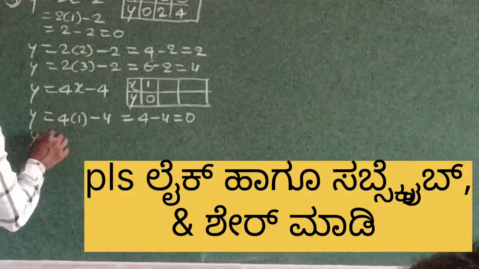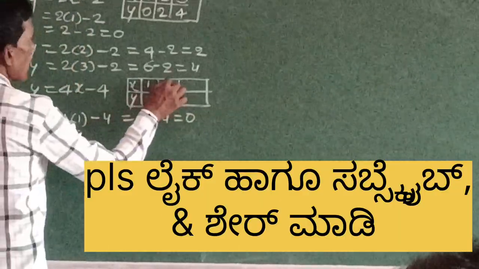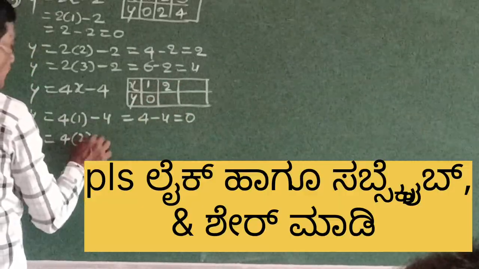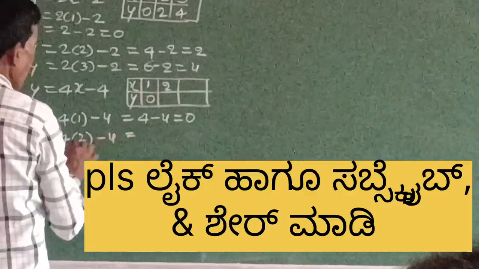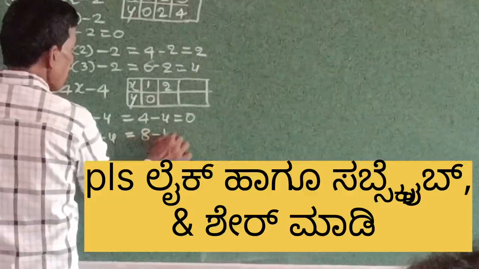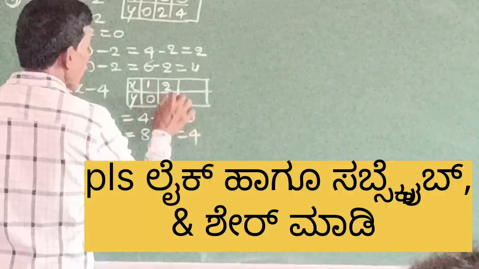Next, when x is 2, 4 times 2 is 8, minus 4, the answer is 4.